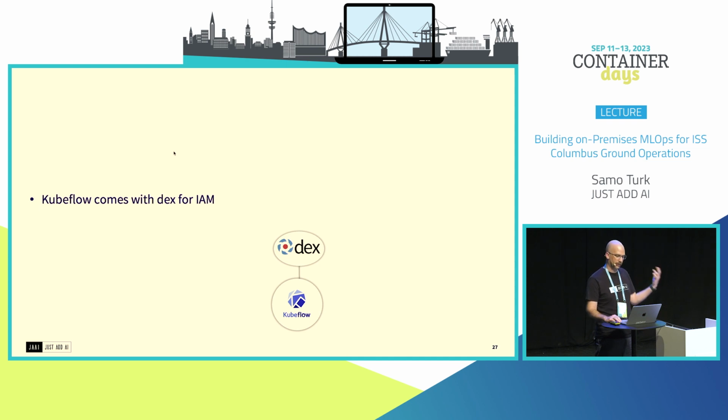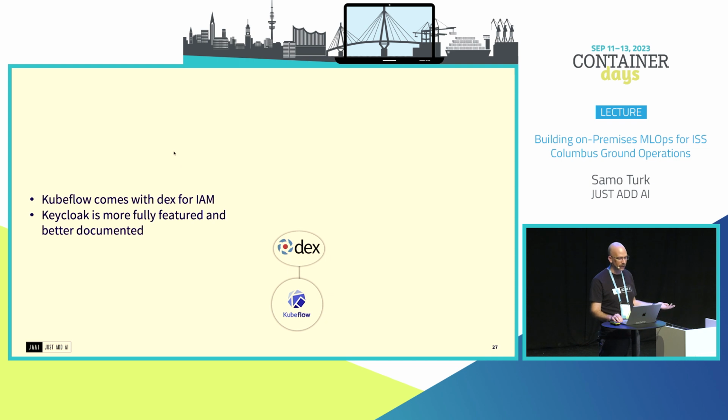Next part was figuring out what to do with users and the whole IAM thing. Kubeflow comes with Dex, and that's fine, it works. But on the other hand, we want to have more things integrated, and that's where Keycloak often comes up.